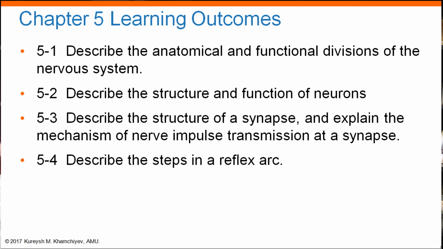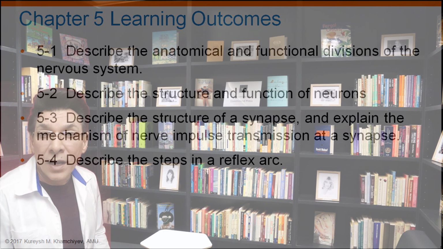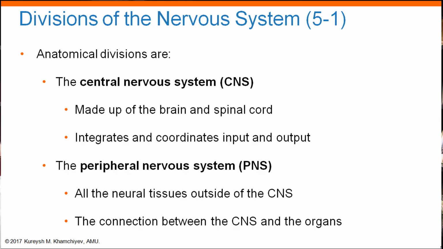Our first question is divisions of the nervous system. The nervous system can be divided into two major regions, the central and peripheral nervous system.